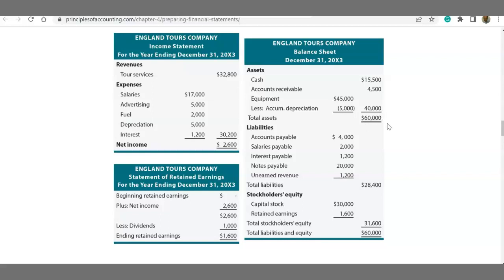And the total asset for the company is $60,000. Later today, you're going to learn that a current asset is an asset that can be converted into cash within a year or less. And the fixed asset is this part, which is the book value of $40,000.